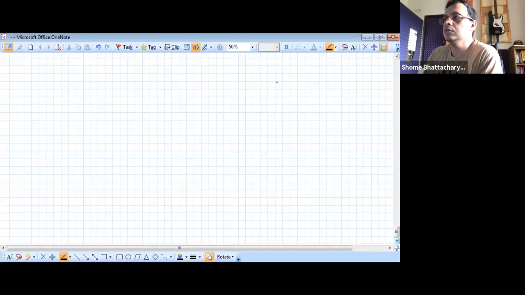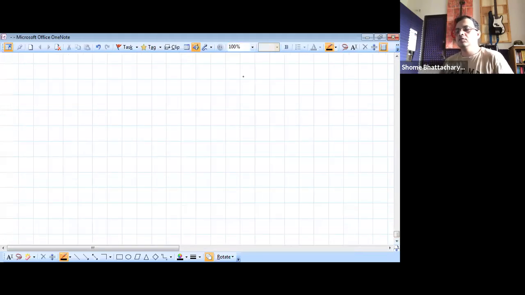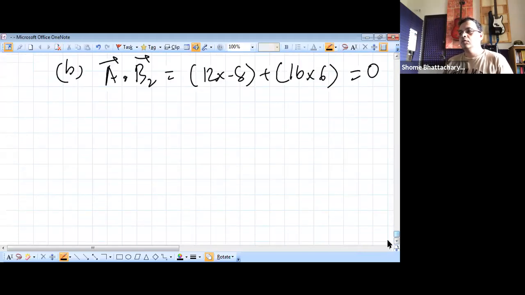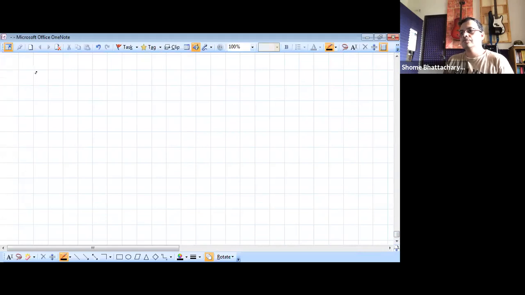Now moving on, dot product in 3 dimensions. So 3-dimensional component.